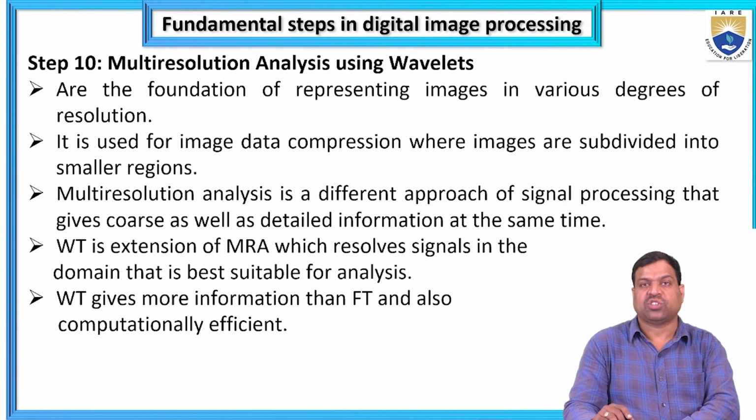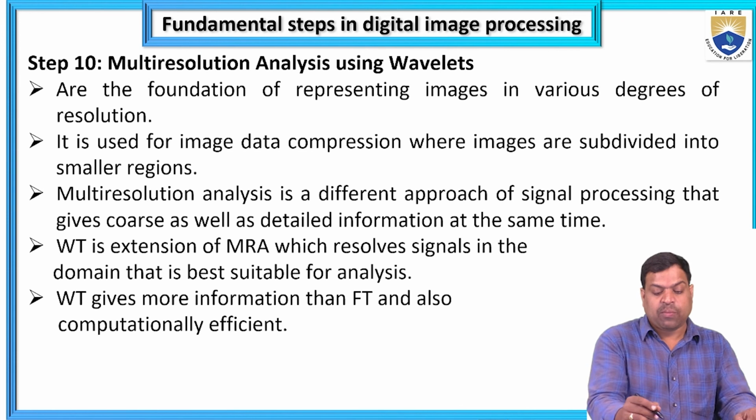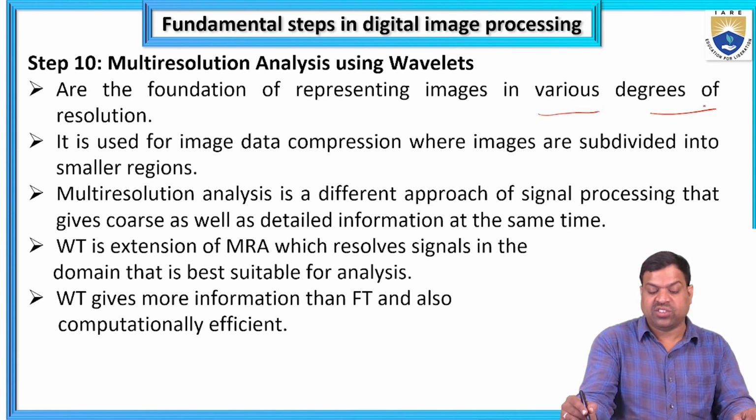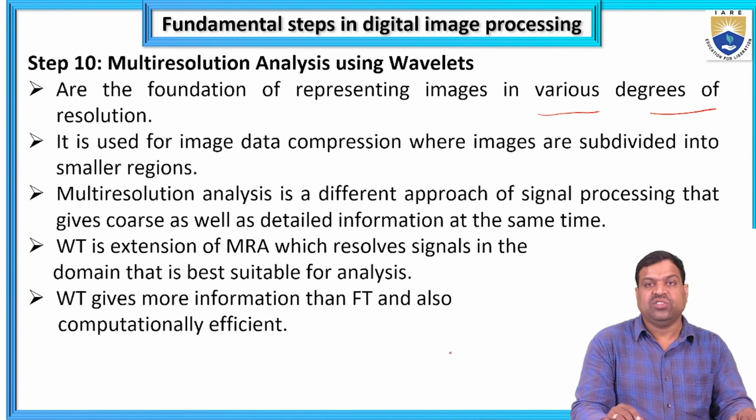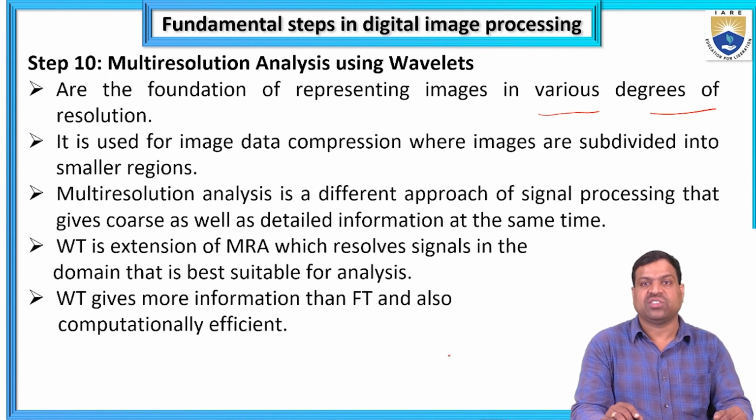And step 10, the last one, is multi-resolution analysis using wavelets. These are the foundation of representing images in various degrees of resolution. It is used for image data compression, where images are subdivided into smaller regions. Multi-resolution analysis is a signal processing approach that gives coarse as well as detailed information at the same time.